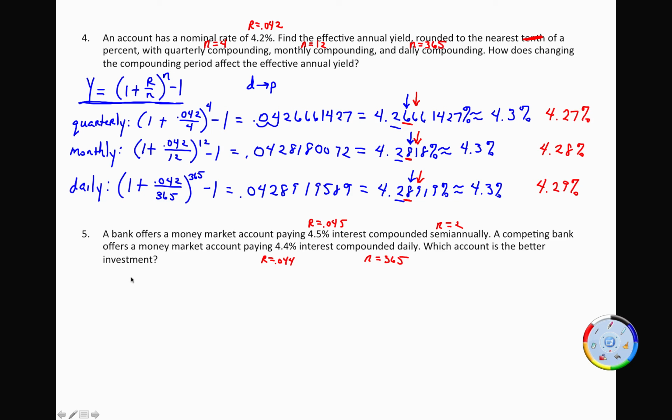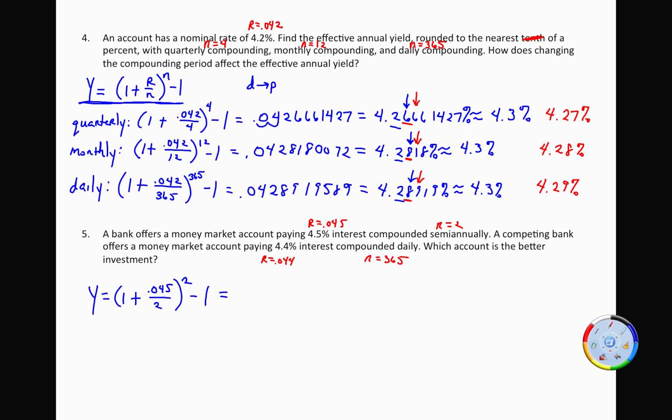All right, so let's plug in to my formula again. Y equals 1 plus 0.045 over 2 raised to the second power minus 1. I've already been using that formula, so I can just hit second enter on my calculator and change that 0.042 to 0.045 and then 2.